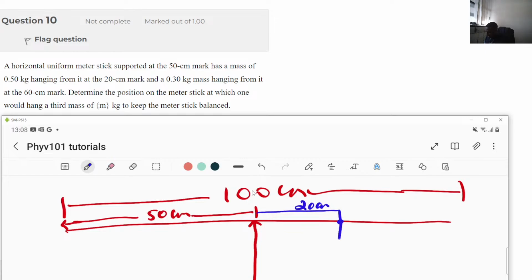There is a mass hanging on it, which has a mass of 0.5 kilogram, at the 20 centimeter mark, and 0.3 kilogram mass hanging from it at 60 centimeter.